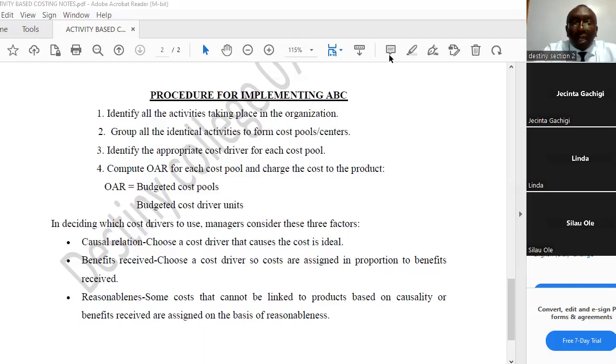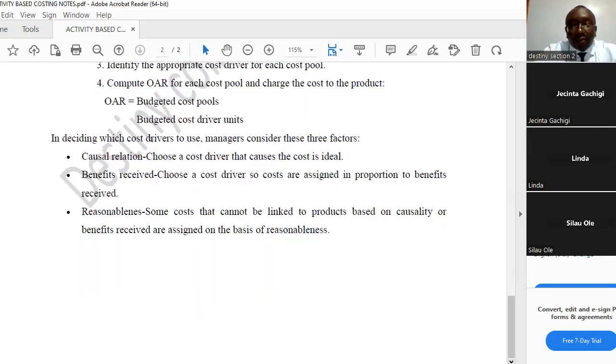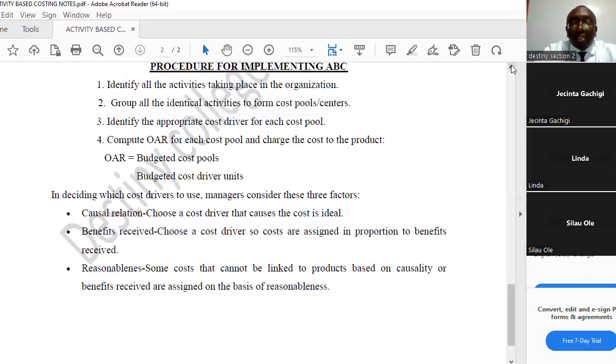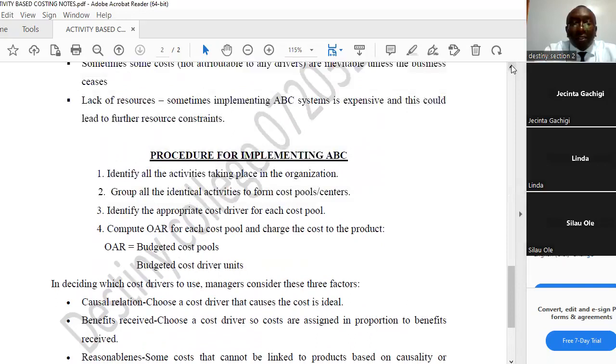And then the other thing is the reasonableness. When you are coming up with the cost driver, how reasonable is it? How reasonable, how practical, how is it going to be efficient in helping us achieve our objective? So basically, those are the notes that are supposed to guide you in this area of activity-based costing method.